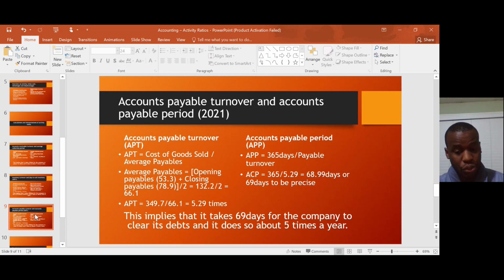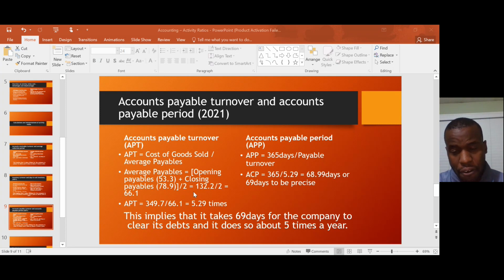The question itself gave us the opening and closing payables, which we used to determine the average payables. If you look at subsection 2 of the question, activity ratios, section F to be precise, accounts payable turnover and accounts payable payment period.